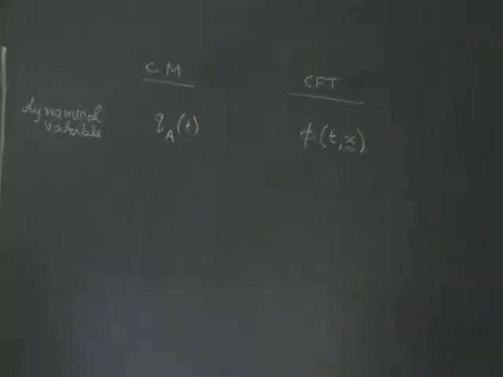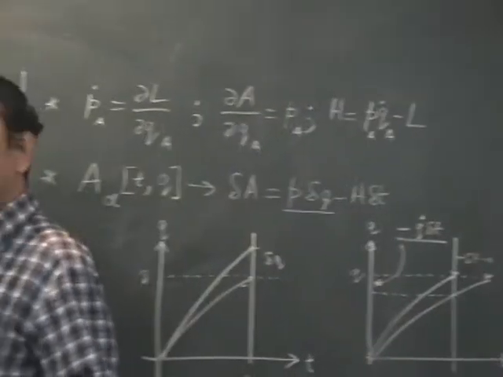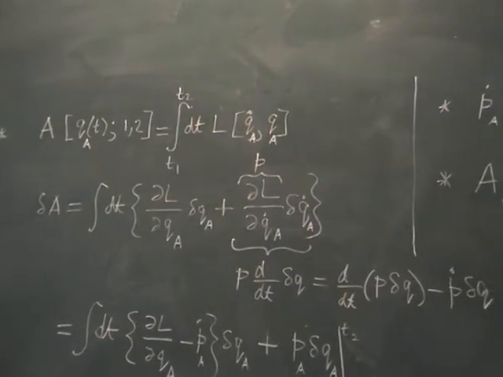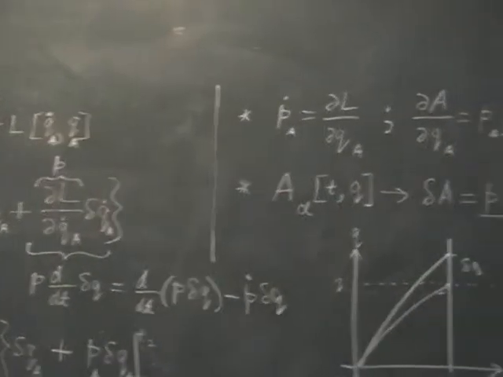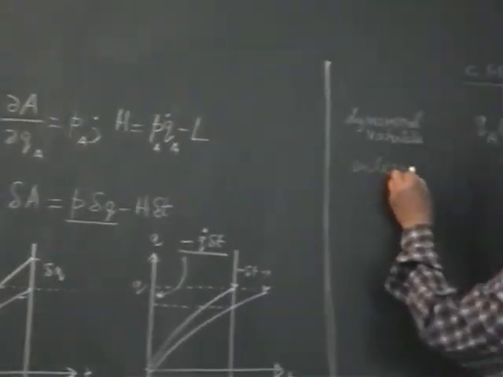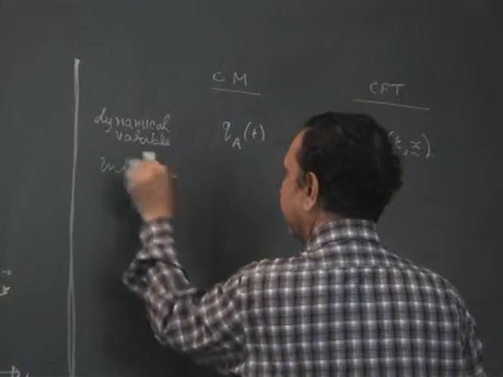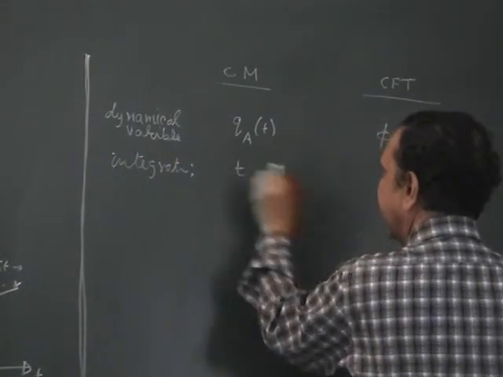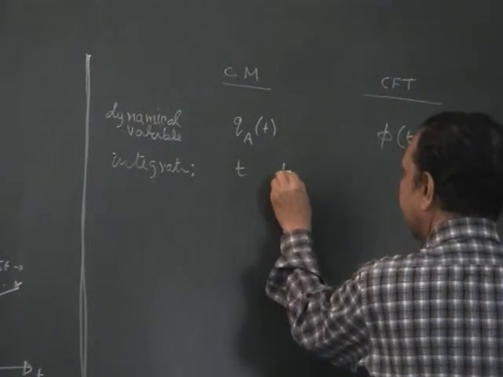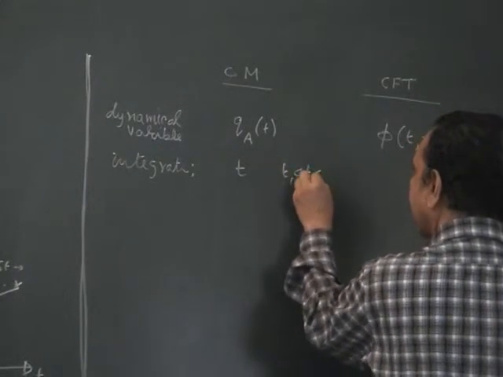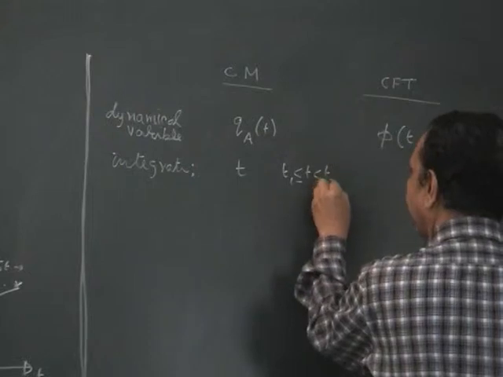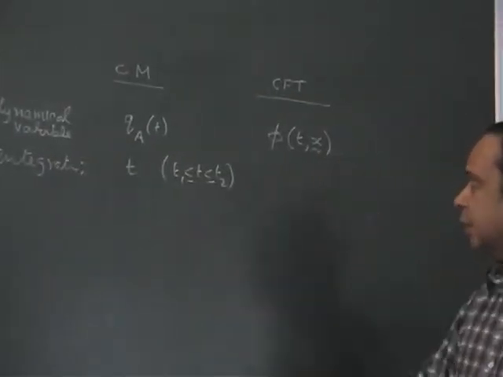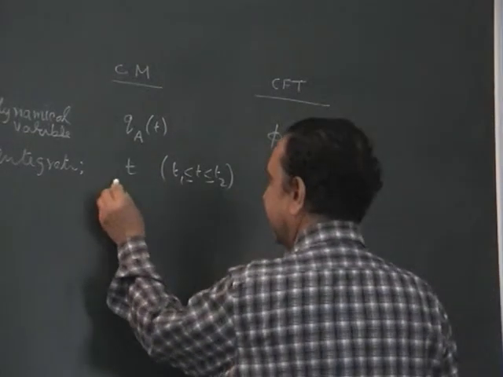Second, we want to look at the domain over which it is integrated. Here we have integrated over dt, so integration, so to speak. Originally I had integrated over t in a range t1 less than t less than t2, and the measure was just dt.